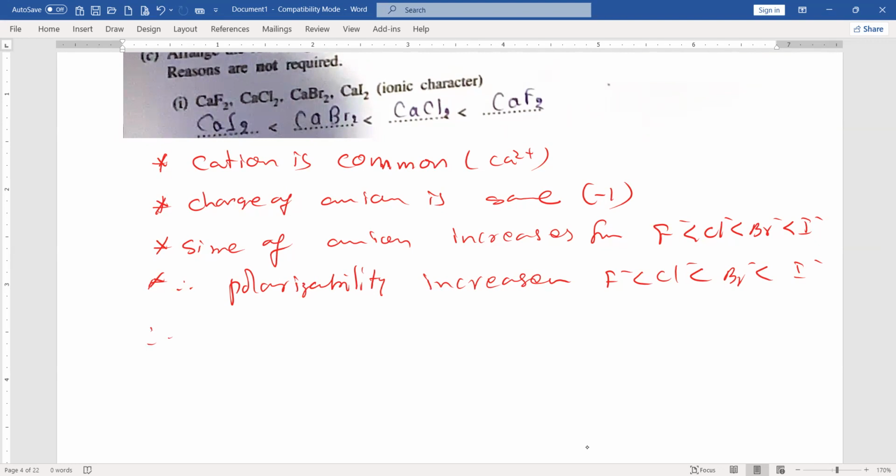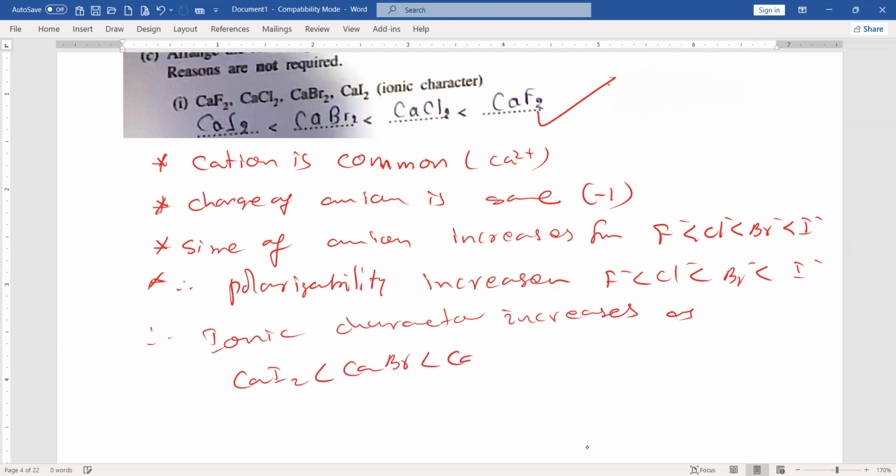Therefore, the ionic character increases as calcium iodide, calcium bromide, calcium chloride, and calcium fluoride.